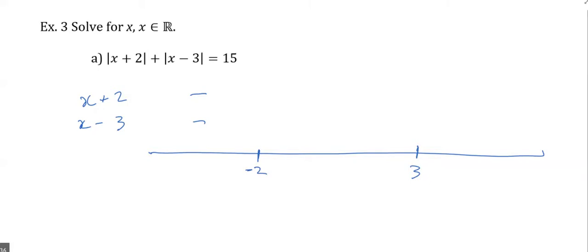Pick a value in this interval, like 0. 0 plus 2 is positive, so that one I'm going to leave alone. 0 minus 3 is negative, so that one's still negative. And in this interval, pick a number like 5. 5 plus 2 is positive. 5 minus 3 is still positive.